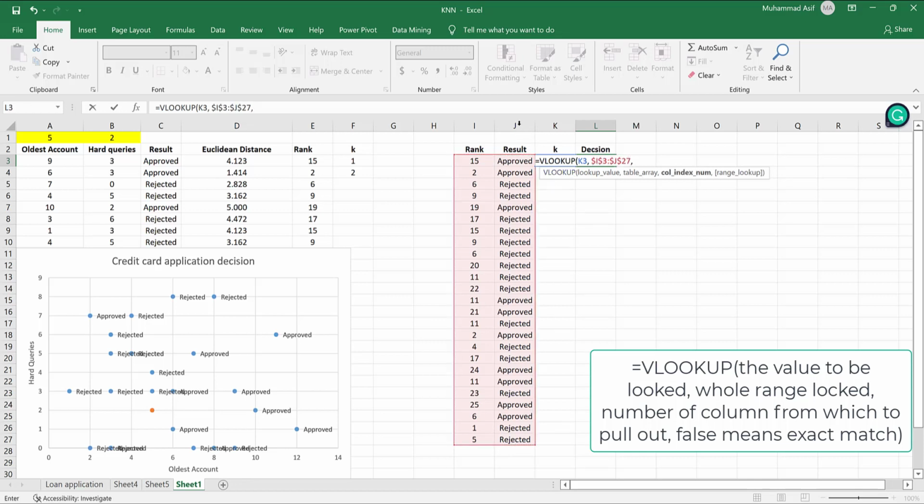That's how the VLOOKUP function works. So I will mention here too to pull out values from the second column, and the last one is I will mention false, which means that I want exact matches.